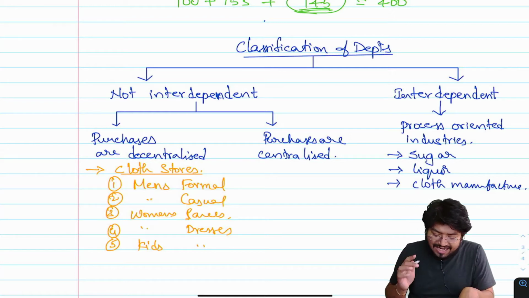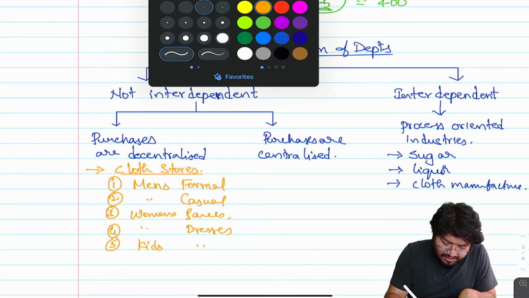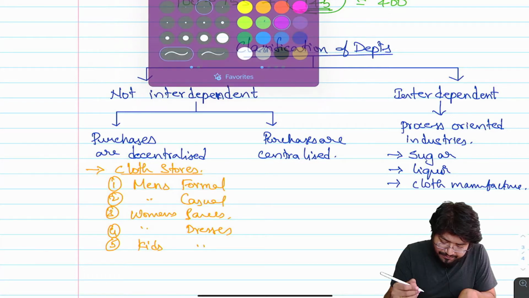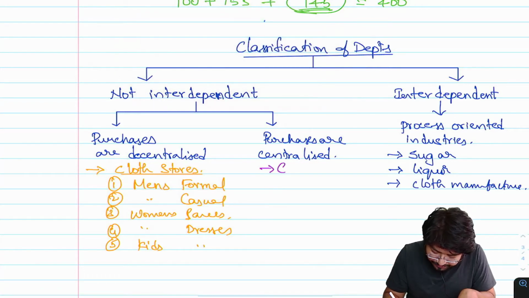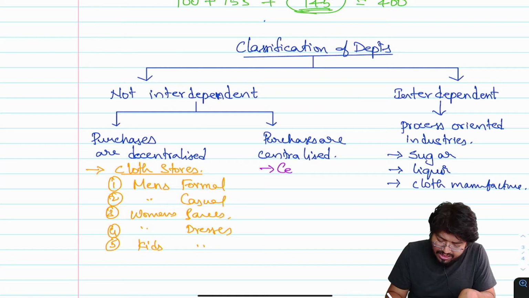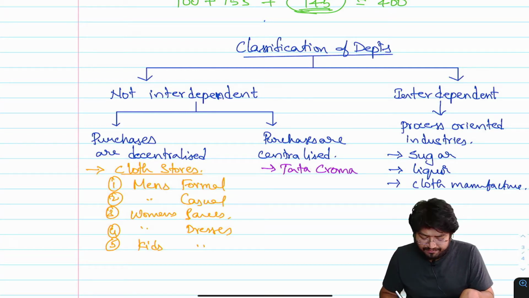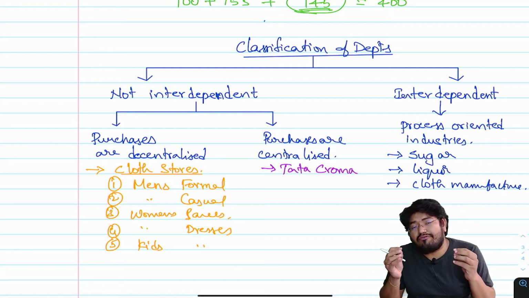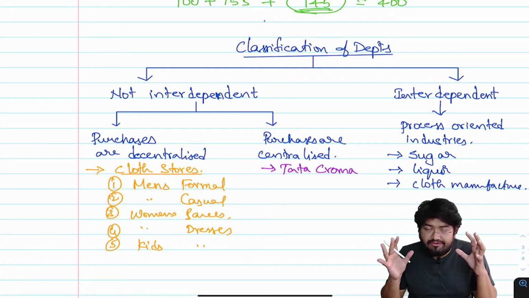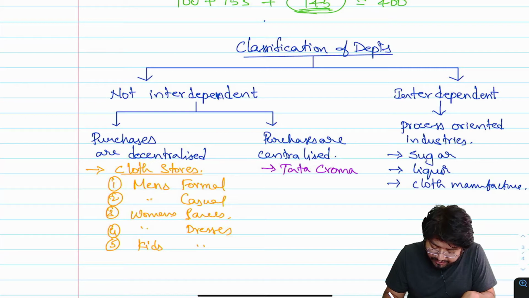Okay. The second category is where the purchases happen to be centralized. Okay, where you may consider, as I always say, the example of Tata Chroma. Okay, where it has got varieties of brands and it has got varieties of divisions also. What kind of divisions do they have?